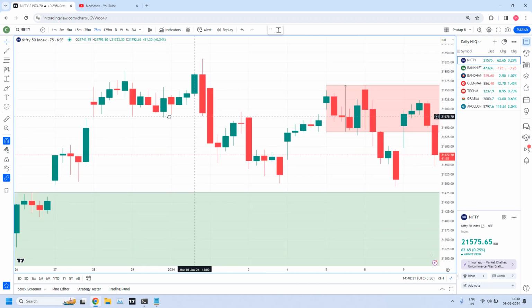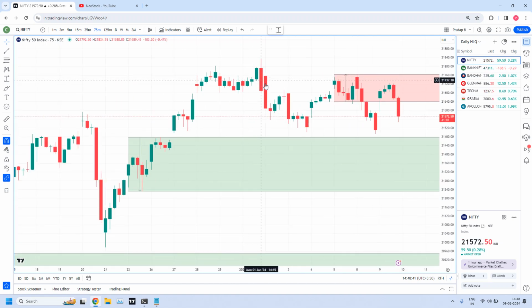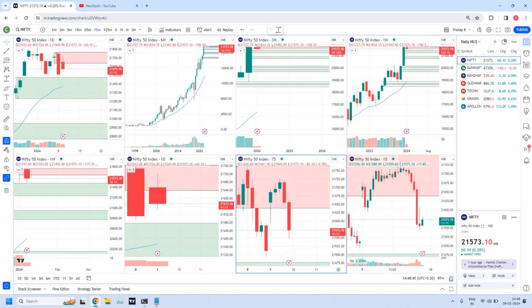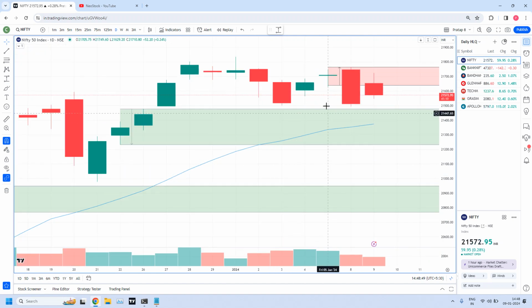So that is the reason why you should understand this is not a rejection. This is a new zone creation. How good this zone is, how strong this zone is, that is a different story.